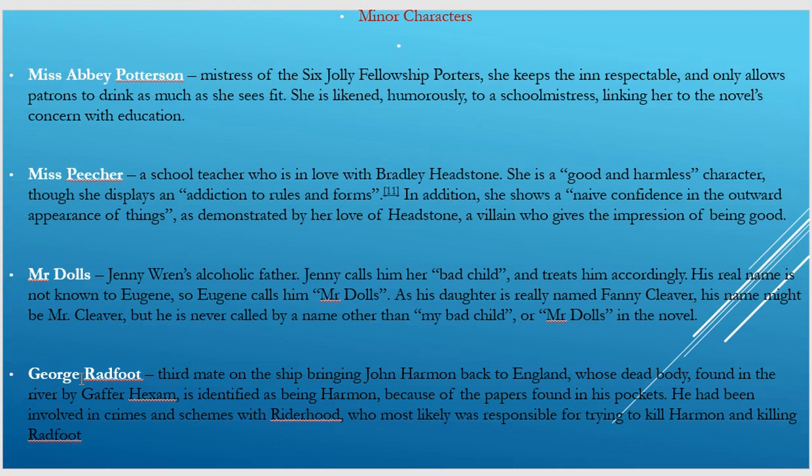So the man who was kicked into the river is called George Radfoot. He came back with John Harmon on the same ship, but they killed him and kicked him in the river. He had been involved in crimes and schemes with Riderhood, who was most likely responsible for trying to kill Harmon and killing Radfoot.